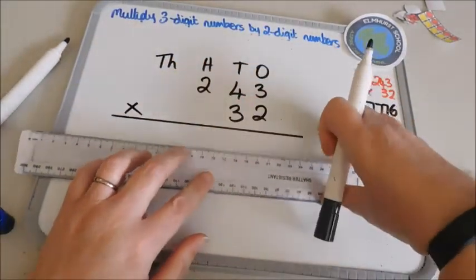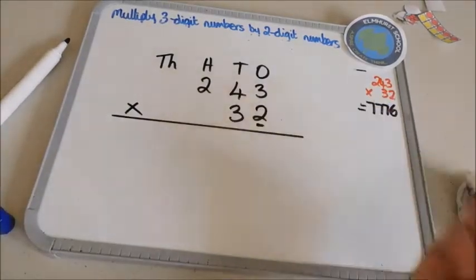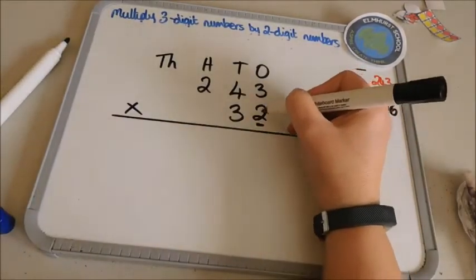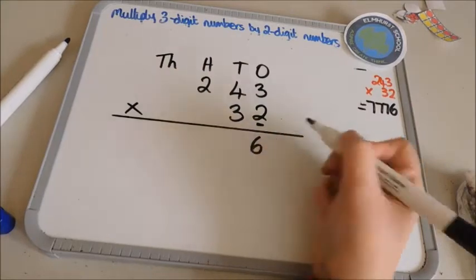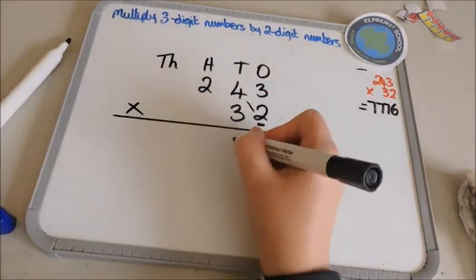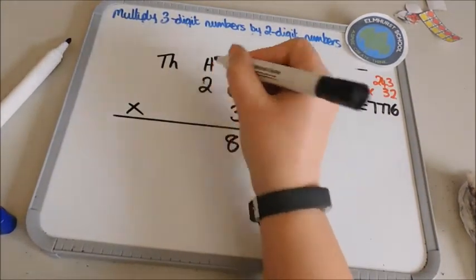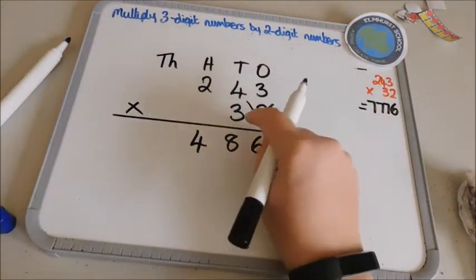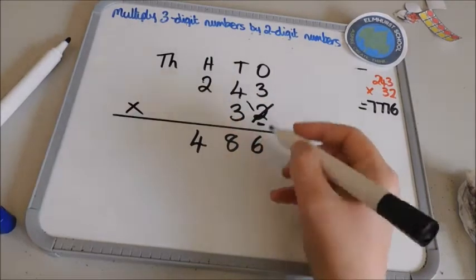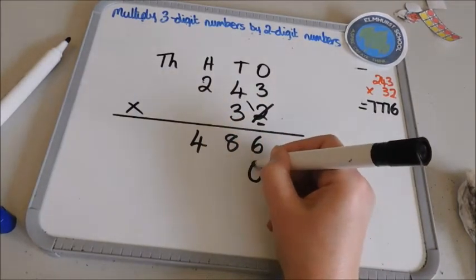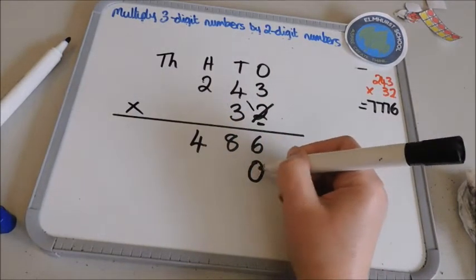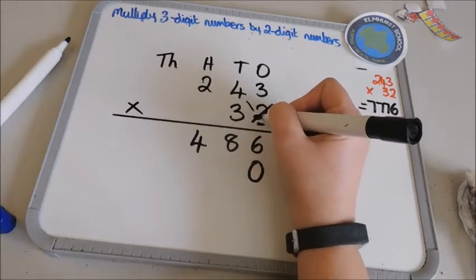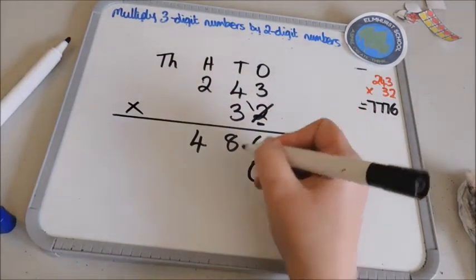We multiply first by the smallest digit, which is the 2. 2 times 3 is 6. 2 times 4 is 8. And 2 times 2 is 4. So I'm done with the 2. Now I'm multiplying by a 10 number. All 10 numbers end with 0, so I'm going to put that in to start off with. Otherwise, I'm going to be doing 30 times 3 is 90.